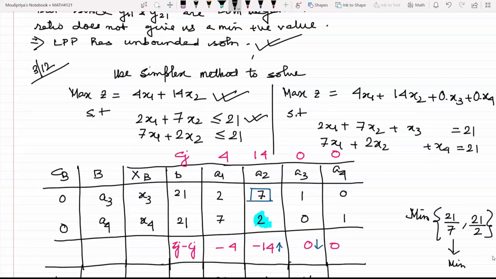The slope of the objective function and the first one have got the same slope. Am I right? The slope of the objective function and the slope of one of the constraints is the same, right?